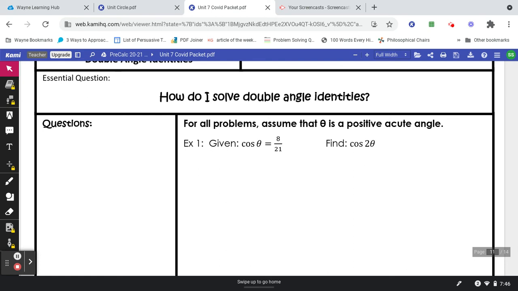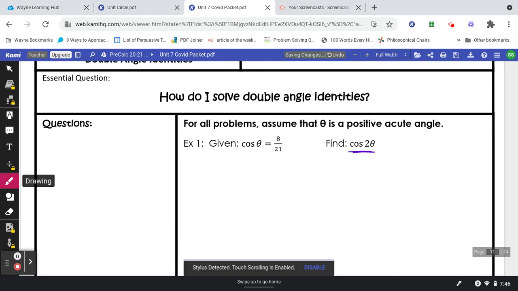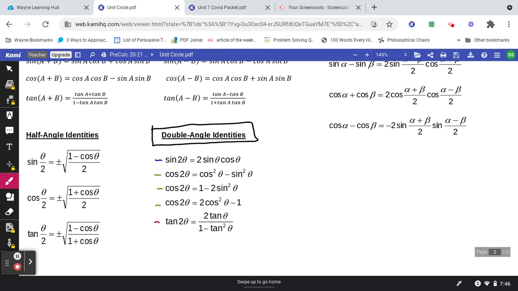So cosine 2 theta is the formula that we want to get from the back. Now remember that there are three of them, and we want to choose based on which piece of information we're given. So we're given cosine. As we look at the back side here, I've got this first equation, which has a cosine squared and a sine squared, but I don't know sine squared.